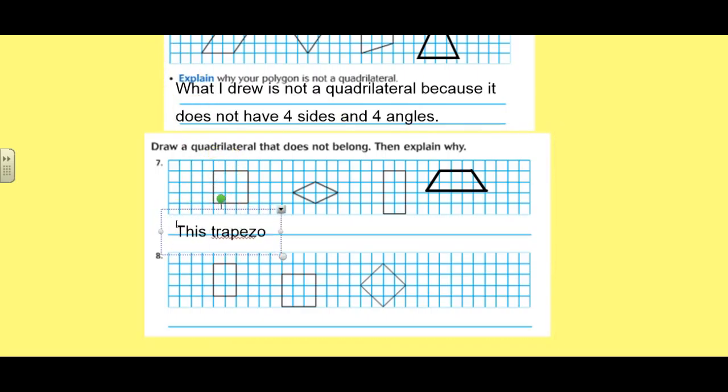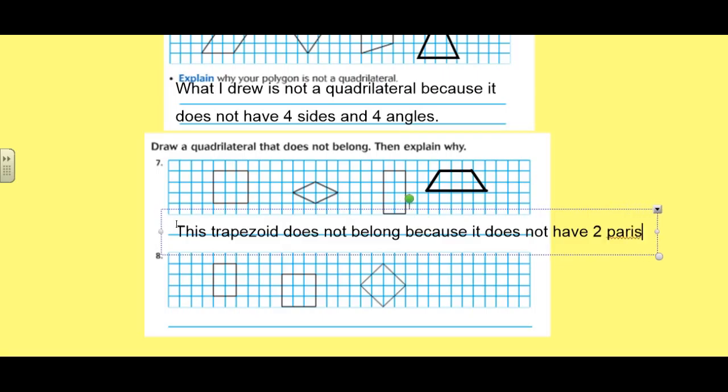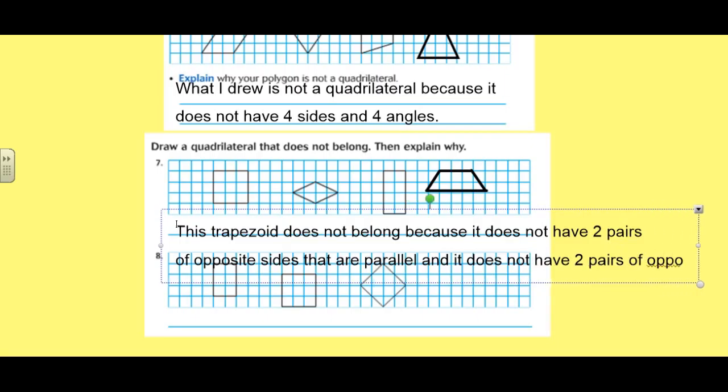This trapezoid does not belong because it does not have 2 pairs of opposite sides that are parallel, and it does not have 2 pairs of opposite sides, if I can spell right, that are of equal lengths.